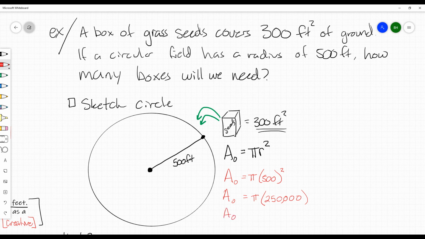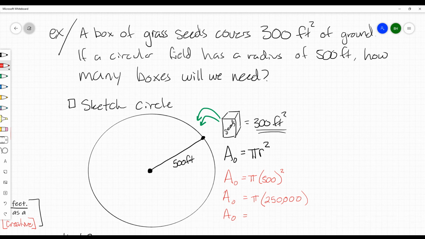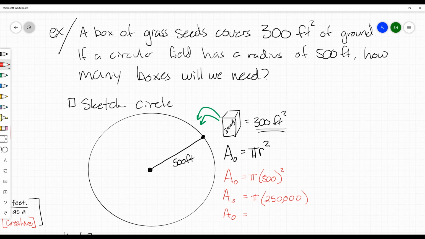And then we're going to multiply it by pi. Yes, it's a big number, but we're going to need it to help us figure out the rest of the problem. We have 785,398.16 feet squared of land. That's a big field.